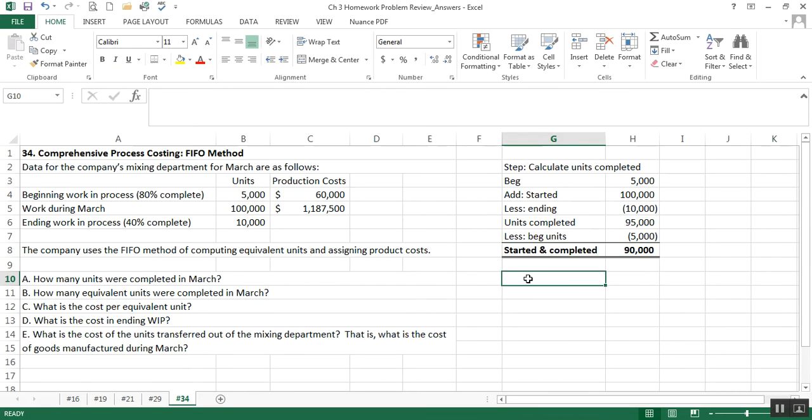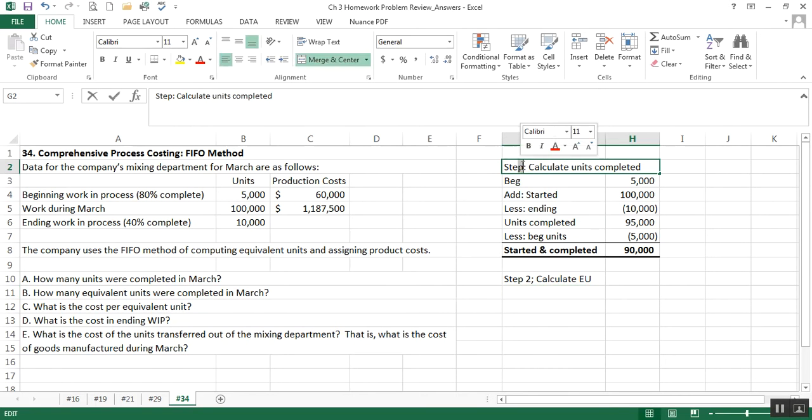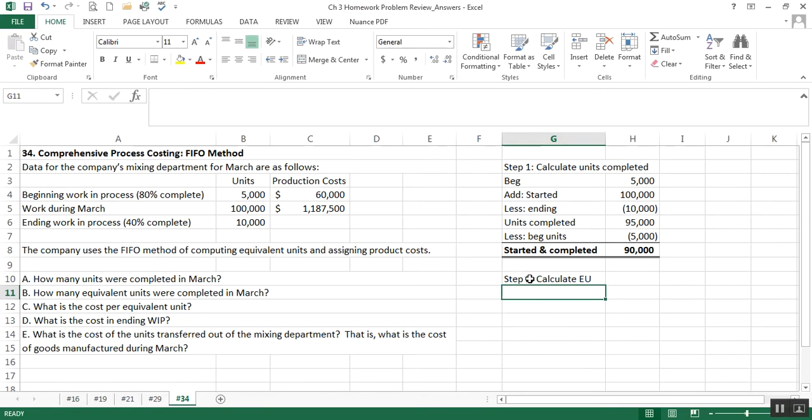Okay. Now we have to calculate equivalent units. This is step 2, sorry. In order to calculate the equivalent units, we are going to look at our beginning WIP, started and completed, and ending WIP.